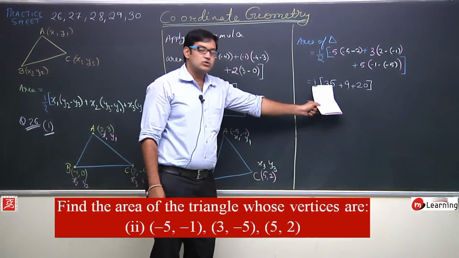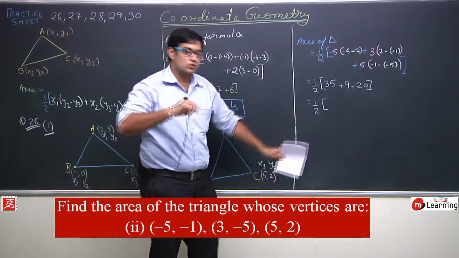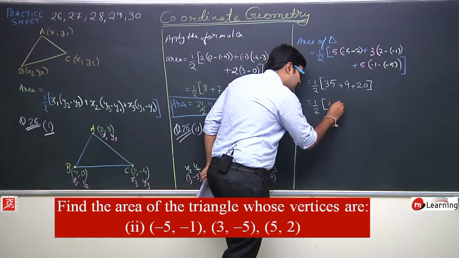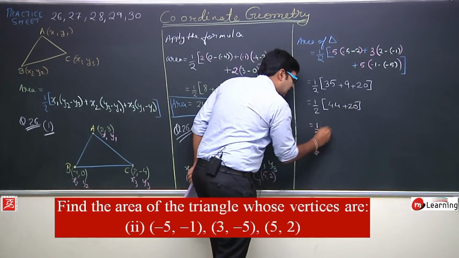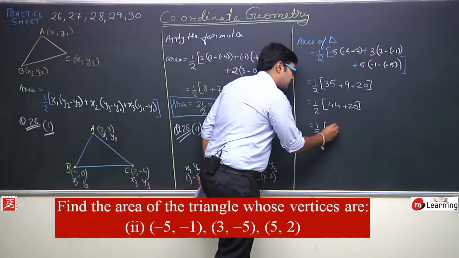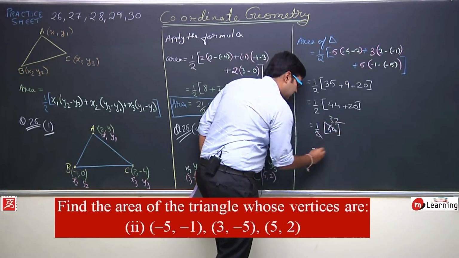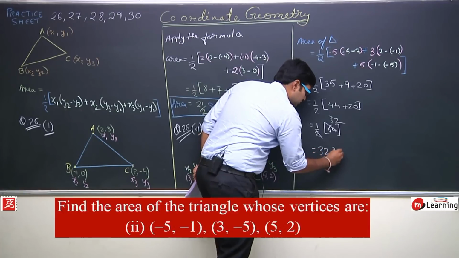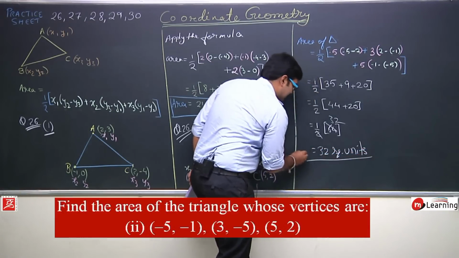First add 10 to this 35, it will be 45. Subtract 1, it will give you 44. So it will be 44 plus 20. Further solving it, it will be half of the bracket 64 and it will give you 32 square units.